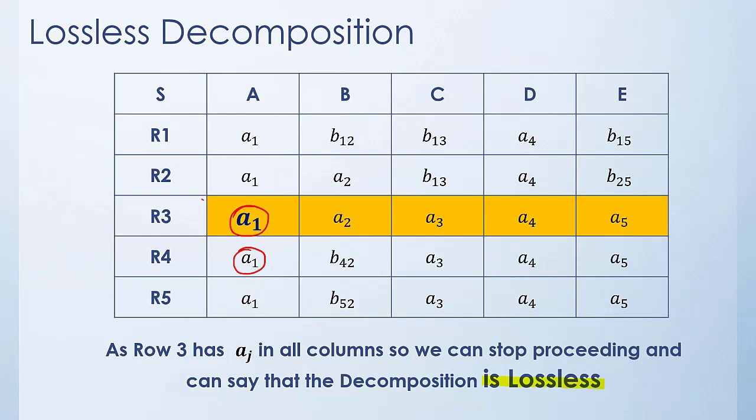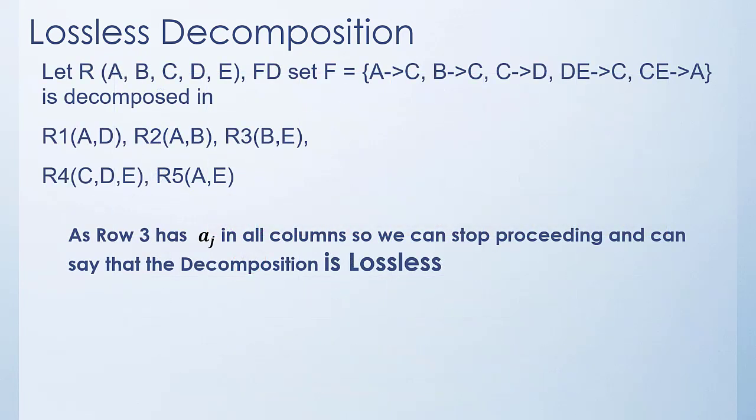Now we can say that the decomposition of the R relation with respect to this functional dependency, where R is decomposed into relation 1 with A and B attributes, relation 2 with A and B attributes, relation 3 with B and E attributes, relation 4 with C, D and E attributes, and relation 5 with A and E attributes, is a lossless decomposition.